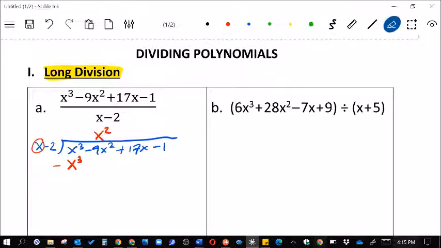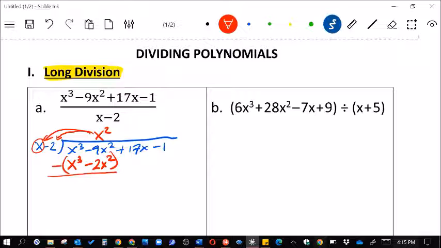I'm not going to subtract yet, so I'm going to leave that off. So x squared times x is x cubed. But when you do that, it's like distributing it to both of those things. So I also have to do negative 2 times x squared. At this point, now I will subtract. And that's where x cubed minus x cubed is 0.